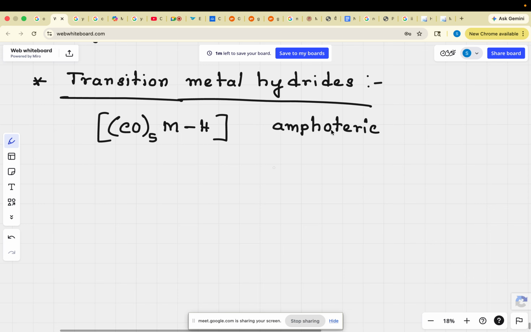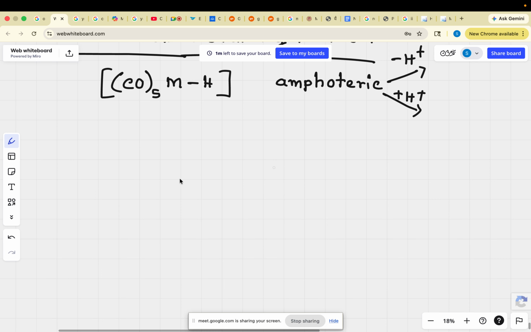Now what do you mean by amphoteric? Amphoteric means they can release H plus as well as take up H plus. Both things are possible. Now suppose you have main group hydrides, I think you know already what they are.